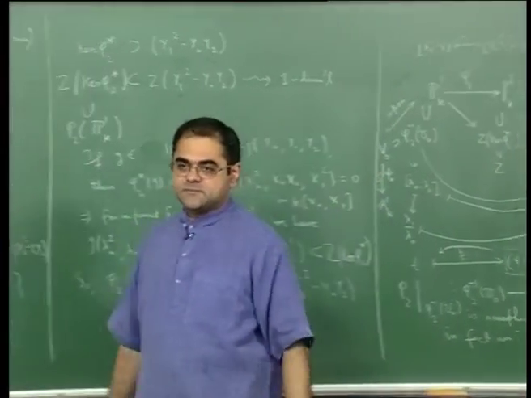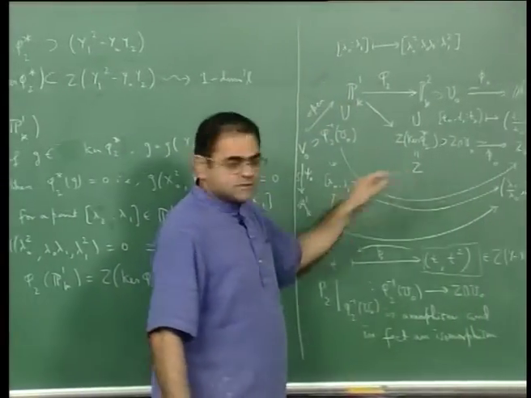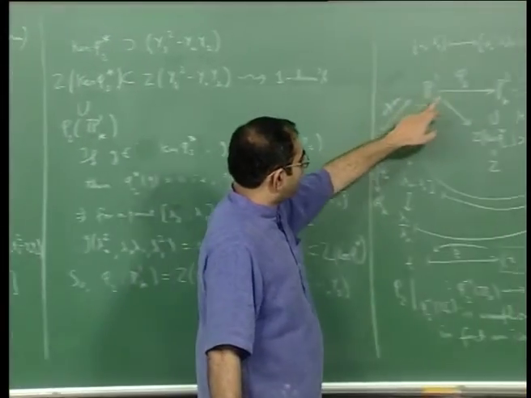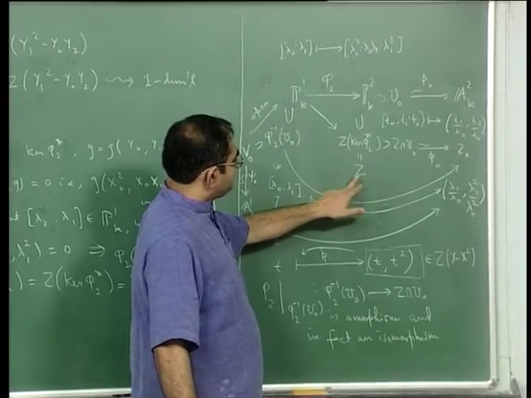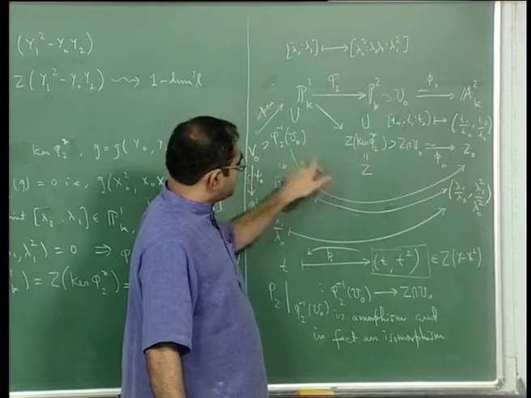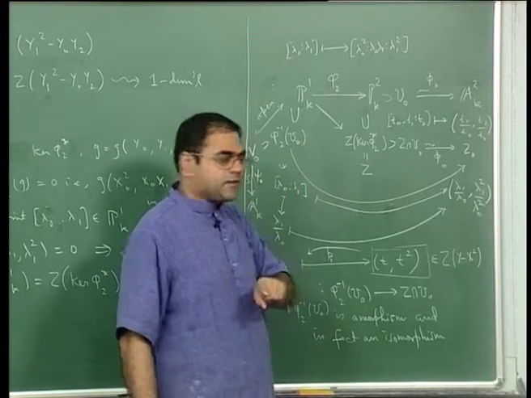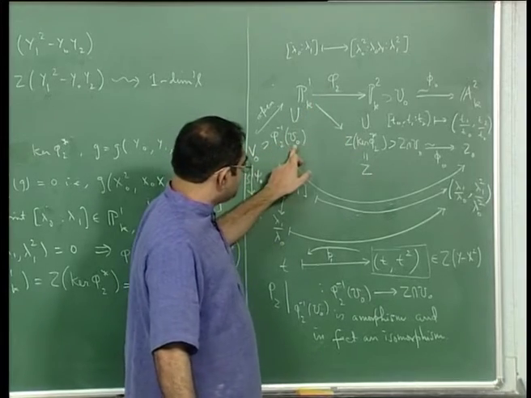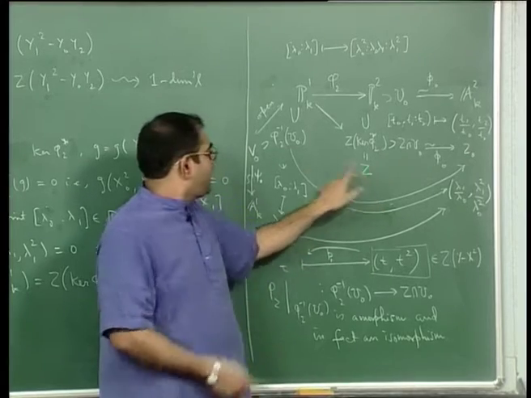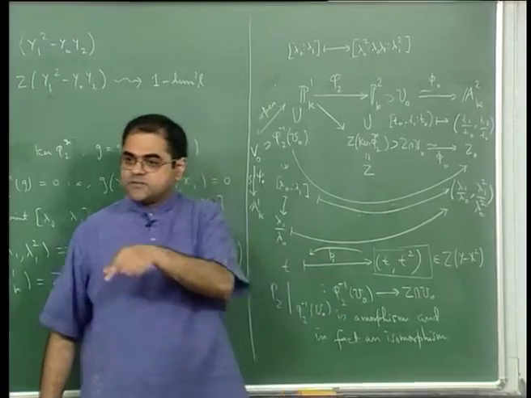Okay, so I repeat, what I have proved is phi 2 from phi 2 inverse u0 to z intersection u0 is an isomorphism. Similarly, I want you to check that phi 2 from phi 2 inverse u1 to z intersection u1 is an isomorphism, and phi 2 from phi 2 inverse u2 to z intersection u2 is also an isomorphism.